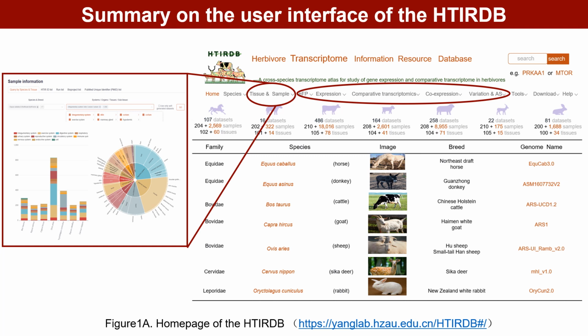The HTIRDB provides a suite of 9 bioinformatic tools such as JBrowser, Blache and Pathway Maloney. The HTIRDB also provides access to RNA-seq and gene expression values with the download panel and gives introduction and demonstration for using the functions with the help panel.